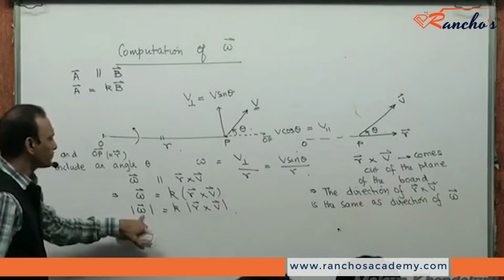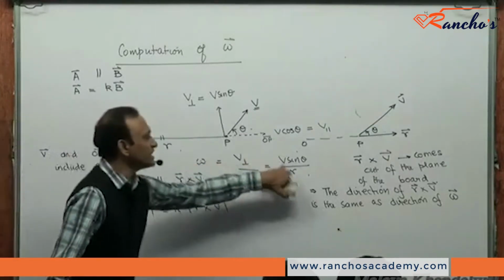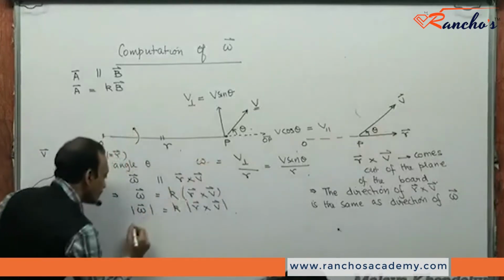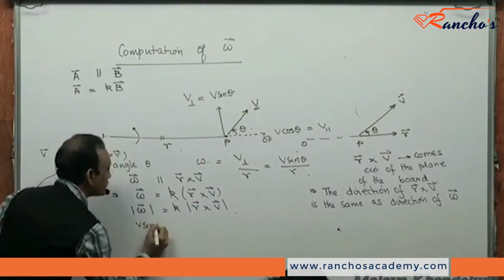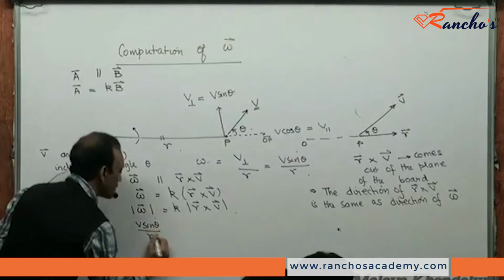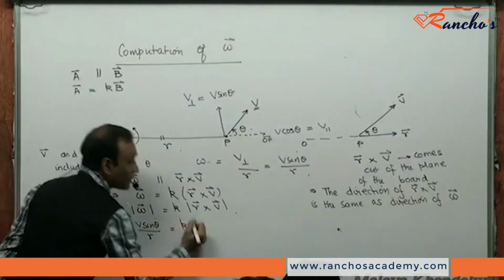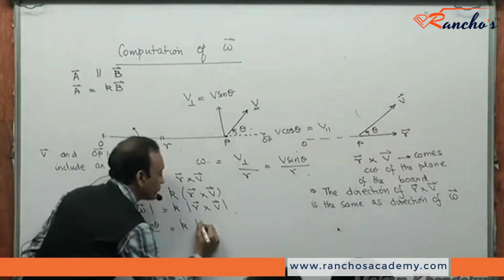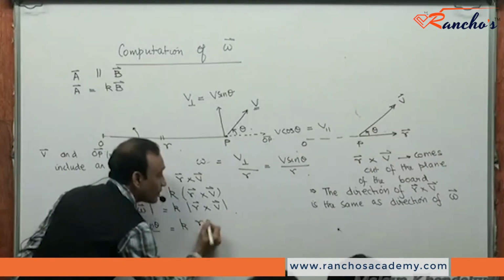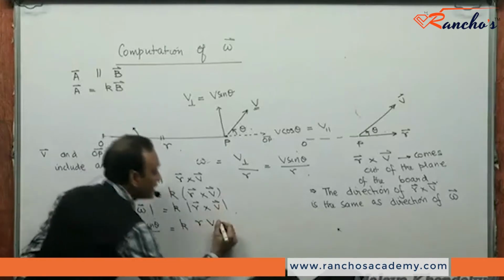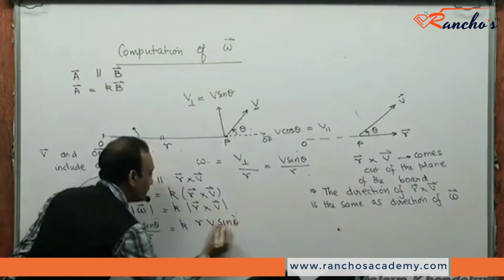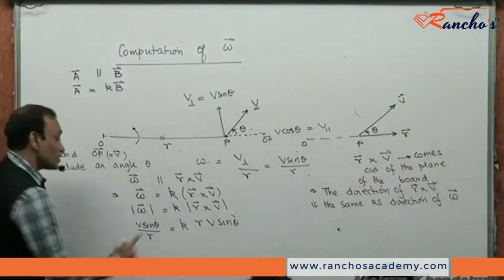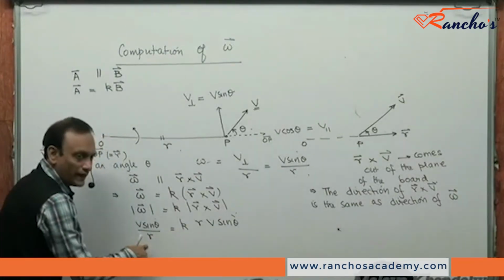Magnitude of omega is V sin theta by R. Magnitude of r cross v is r times v times sine of the angle between r and v. So K then turns out to be 1 by r squared.